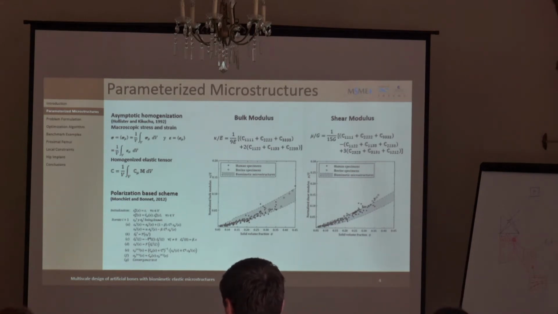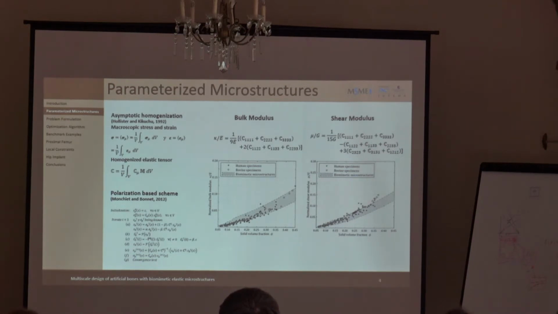We use these estimates, the void estimates that are dimensionless, because we found first that the artificial microstructures are actually stiffer when we make the homogenization of the artificial microstructures using the same constitutive material for the artificial microstructures or for bone. The artificial microstructures are actually stiffer, like 50% stiffer than actual bone.